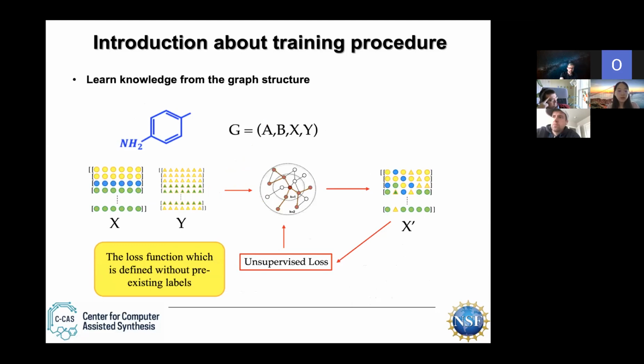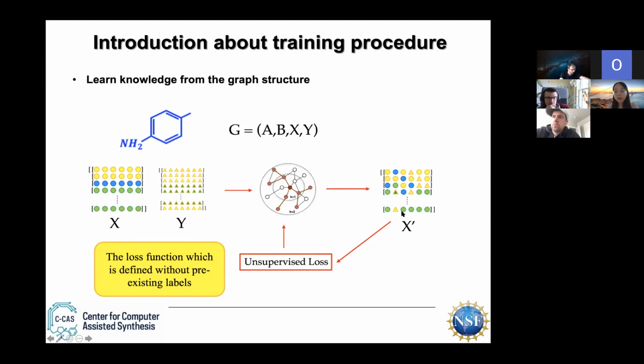I will define a molecular graph using this molecule, and then obtain the atom content matrix X and also the bond content matrix Y. Then I will use a graph neural network to update the representation of each atom. For a specific atom, I will aggregate its connected bonds information and also its neighbor nodes information to update the specific atom's information. In this way, I will update all the atoms in the whole graph.